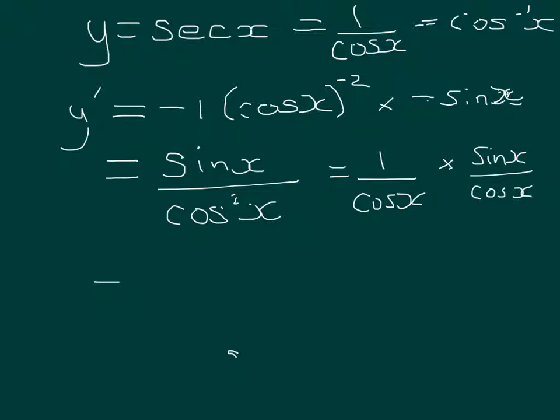And 1 over cos, well, that's just sec x, that's what we started with, so I can rewrite that as sec x, and sine over cos is just tan. So we get sec x tan x, which is another one that it's handy to learn or derive very, very quickly.